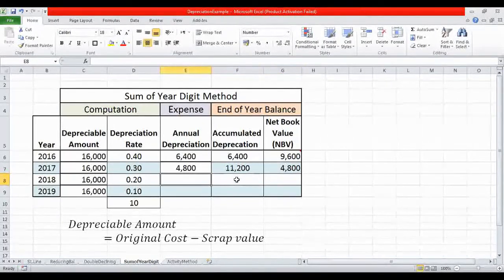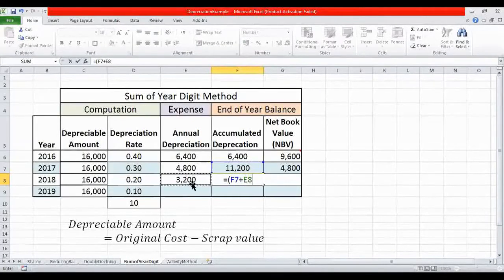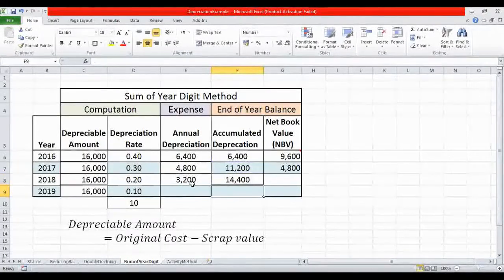Again, for the next year, we will do the same process. We are going to multiply 16,000 by the rate. It is going to give us 3,200. 3,200 will be added into the accumulated depreciation. So it will be this amount plus this amount, 14,400.